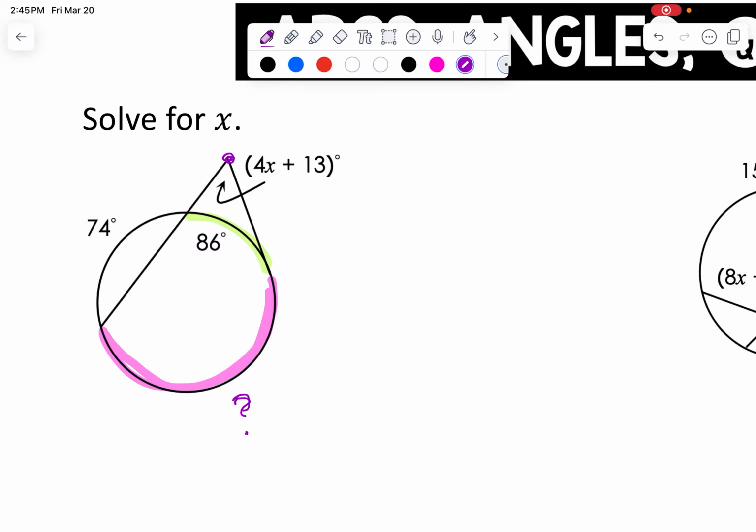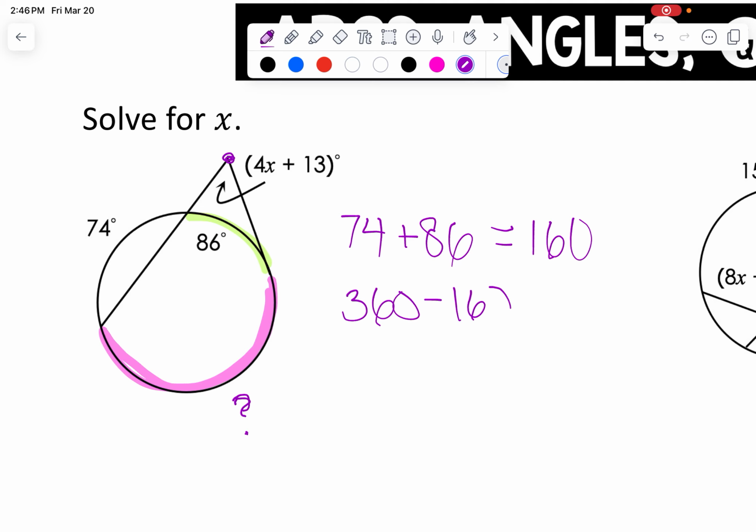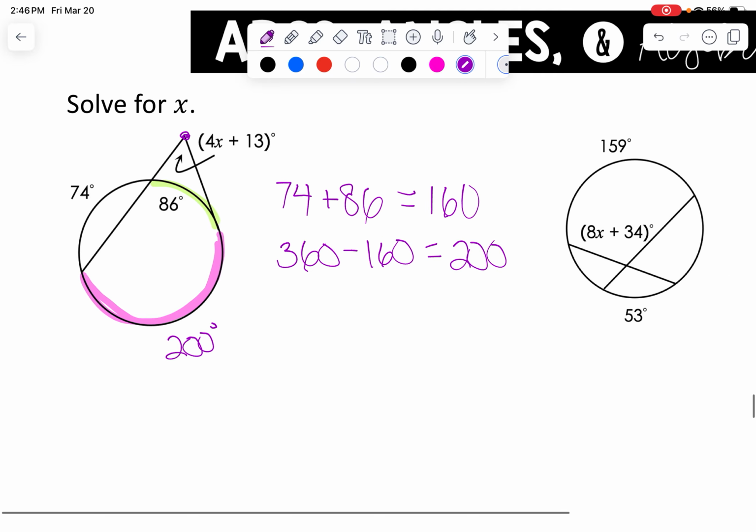Well, I could say 74 plus 86. That's 160. So if I go 360 minus 160, I get 200. So this is 200 degrees.